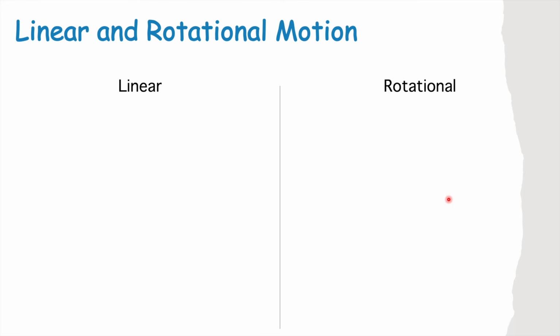And take note, as a wrap up, there is a relationship between linear and rotational motion. One thing for sure is that in linear motion, you have position x, y, and z, and of course, in rotational motion, that is simply your angular displacement. And if position changes over time, this gives rise to velocity.